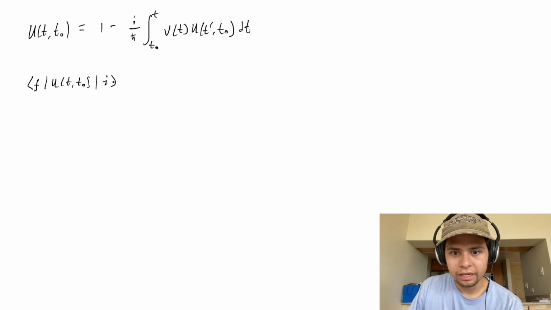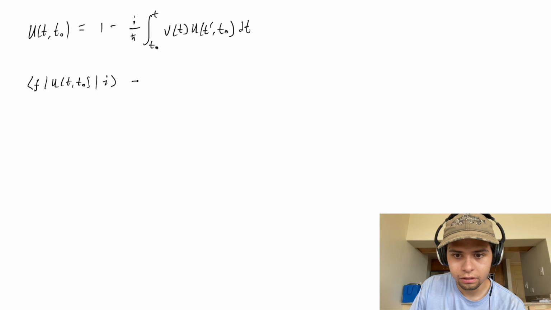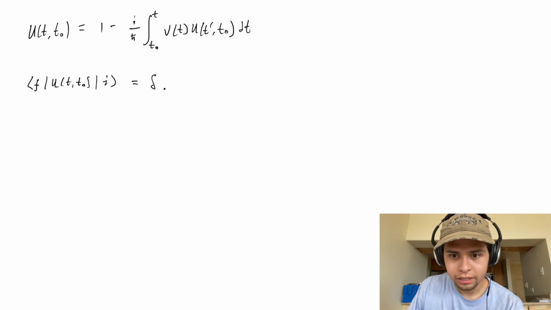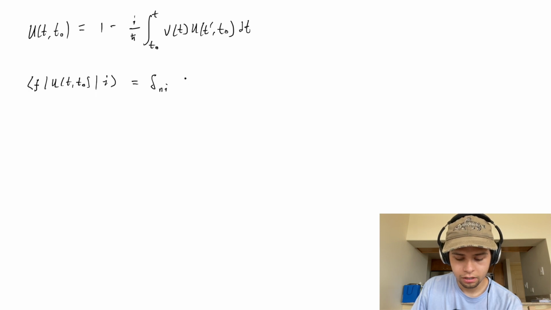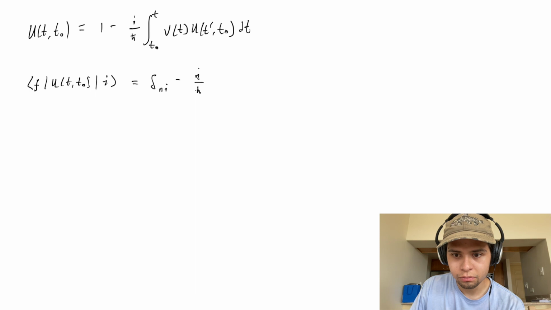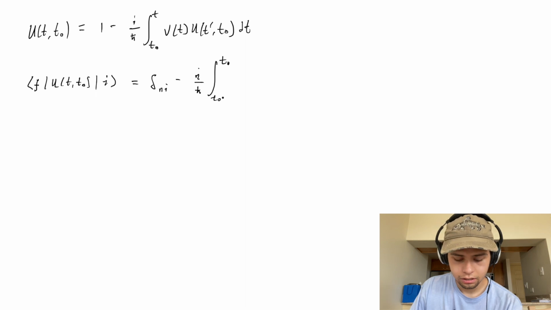So u of t, again, operates on the initial state, and it gives us a final state. All right, so 1 here can be represented as a Kronecker delta matrix. So we have delta, and then we have minus i over h bar times the integral from t naught to t, not t naught, but just t.